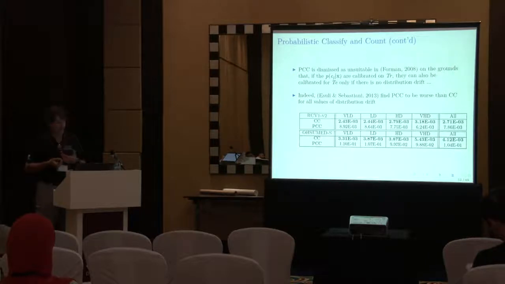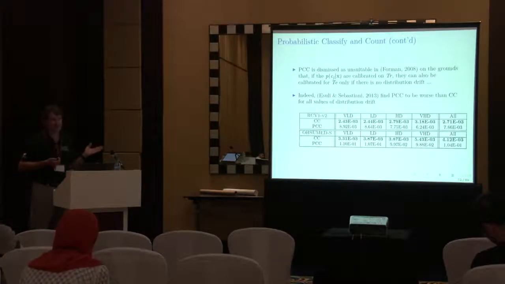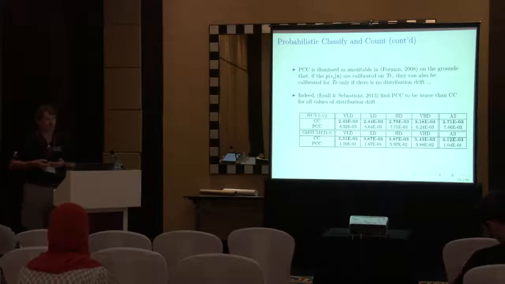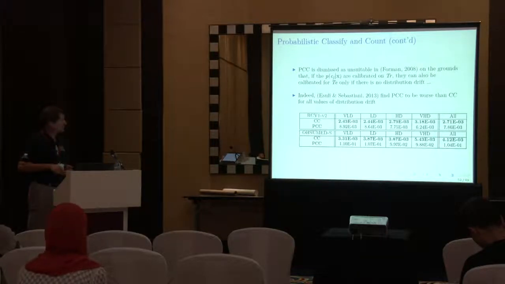High drift is when the class percentage is very different from the one in the training set, and low drift means the class percentage is very similar to the one we witnessed in the training set. So we have 4 different bins: very low drift, low drift, high drift, and very high drift. And "all" is the average across them.